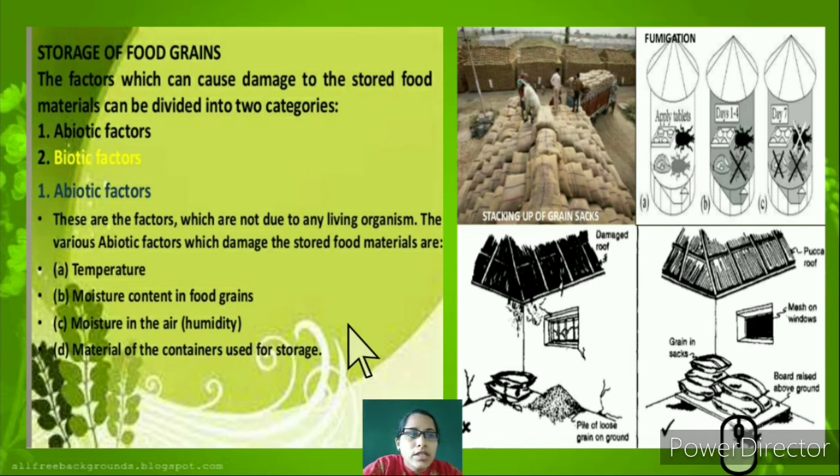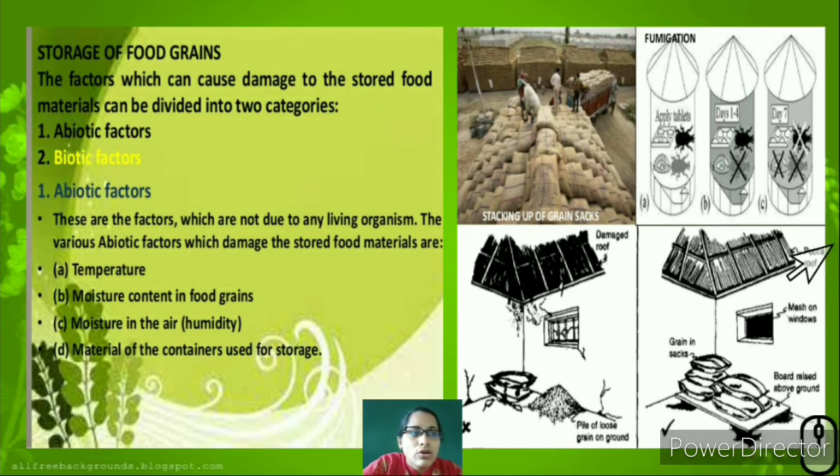So you can see here the stacking up of grain sacks. Fumigation is a better method to avoid the pests that enter the storage room. You can see here a pile of loose grain on the ground, and there is a leakage of water that will affect the whole storage area.